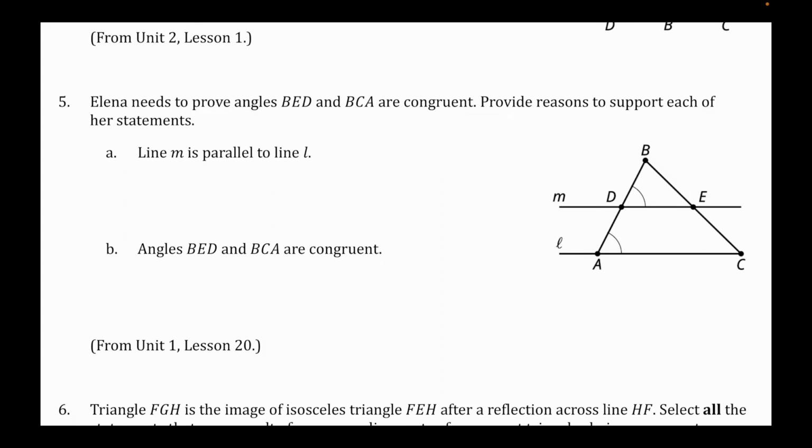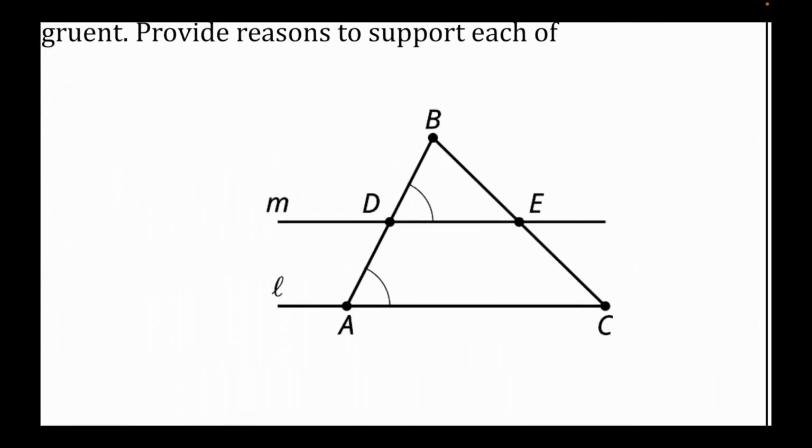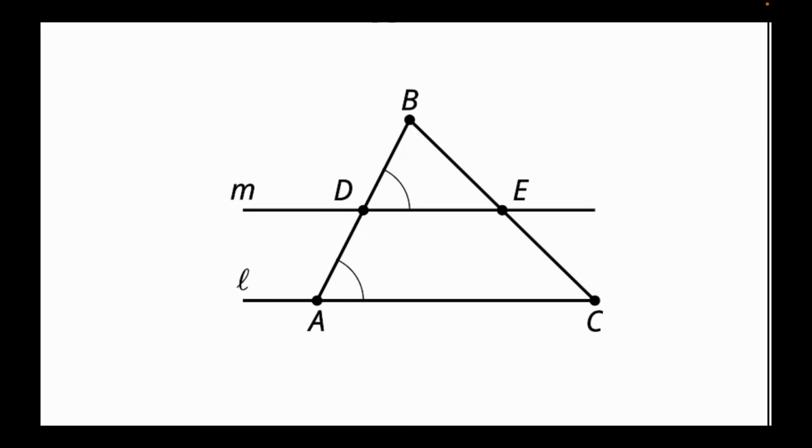So why is she able to say that line M is parallel to line L? Well, if we zoom in on our picture here, we were given that we have two angles being marked as congruent, and these angles are corresponding.